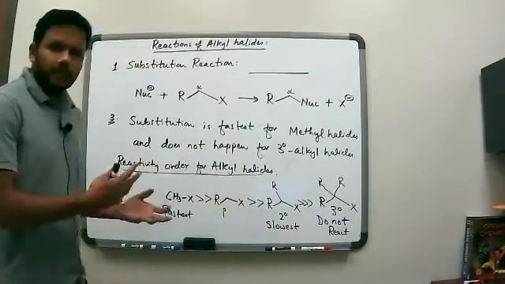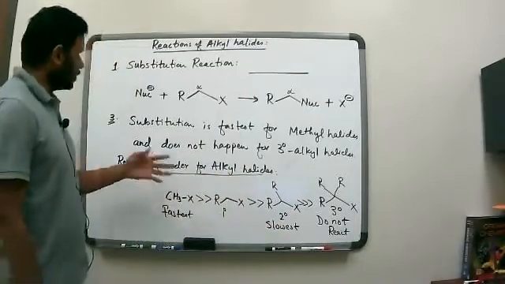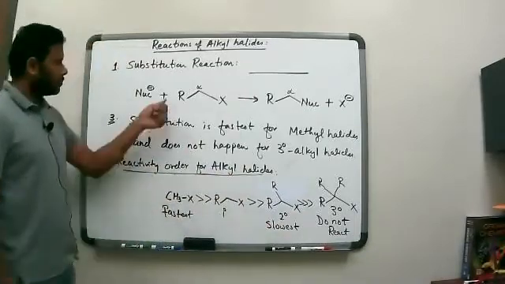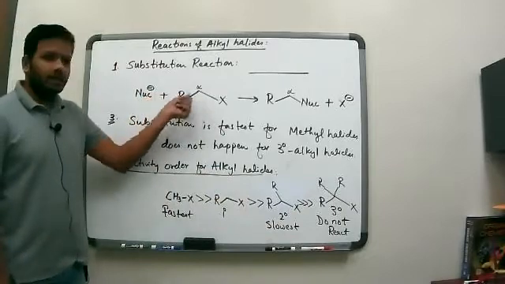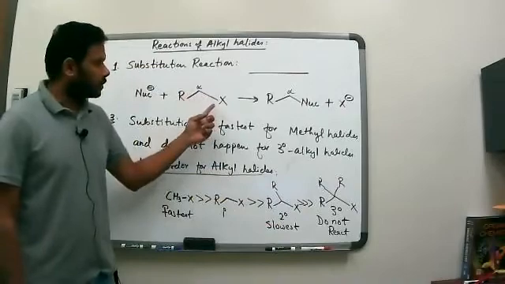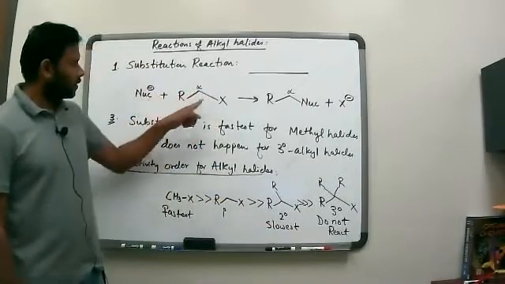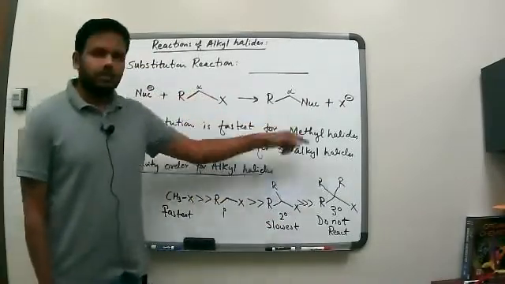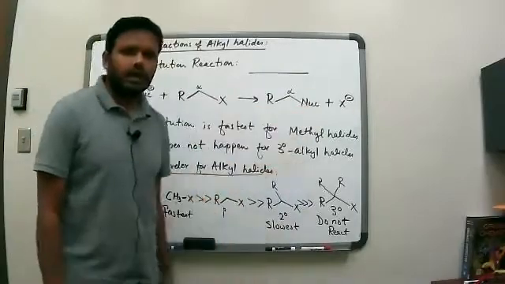So we have some evidence here, okay? So we know that the general reaction is basically an alkyl halide reacting with a nucleophile where there is a substitution going on. The nucleophile substitutes for the halogen to give us the product plus the halide.